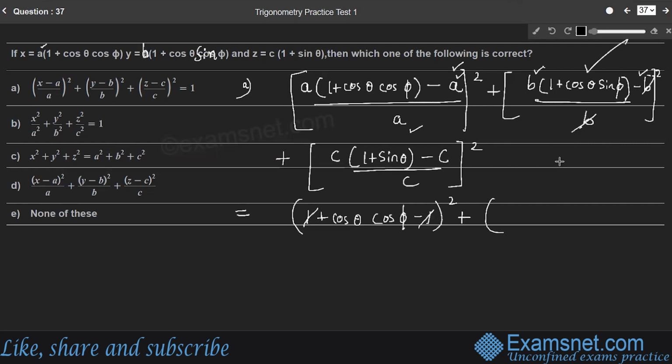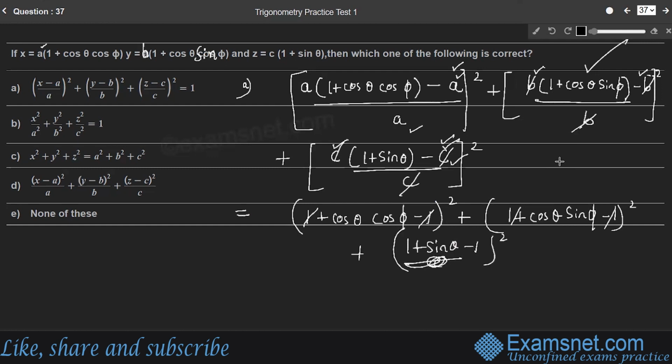Then we'll have 1 plus cos theta into sin pi minus 1 the whole square. So here also 1 and minus 1 will get cancelled. And in the third term, we have c as common. When it is taken out, we can cancel c in the numerator and denominator. Therefore, we have 1 plus sin theta minus 1 the whole square, and 1 and minus 1 will get cancelled.